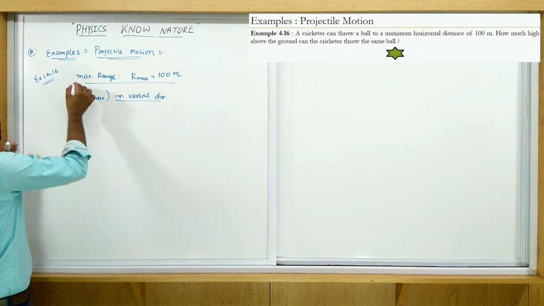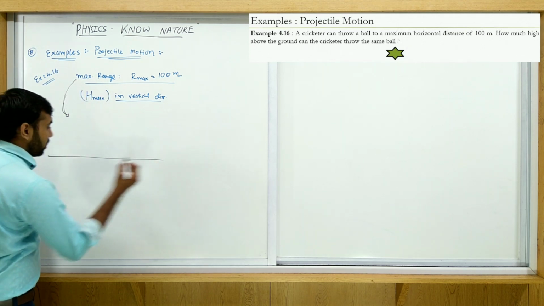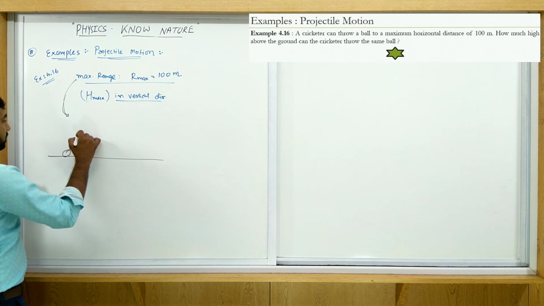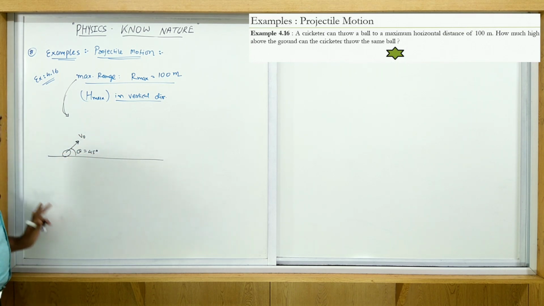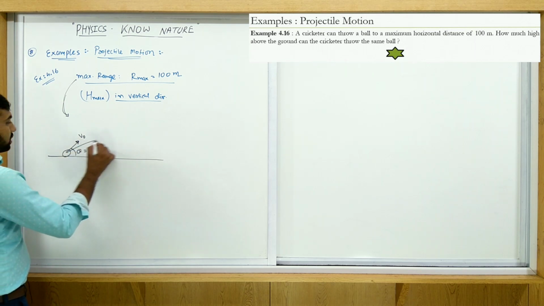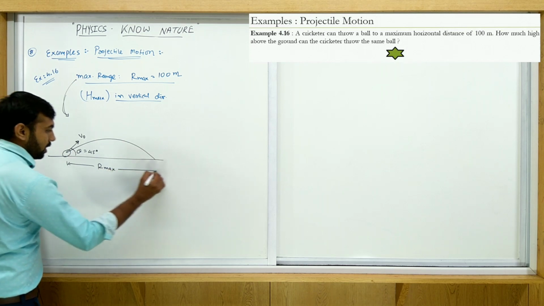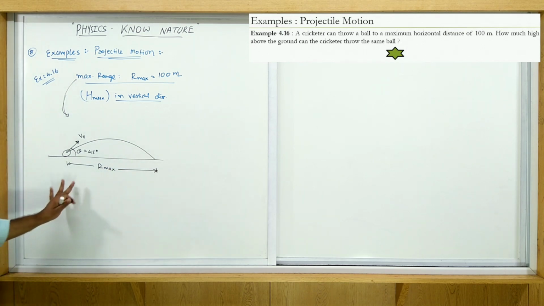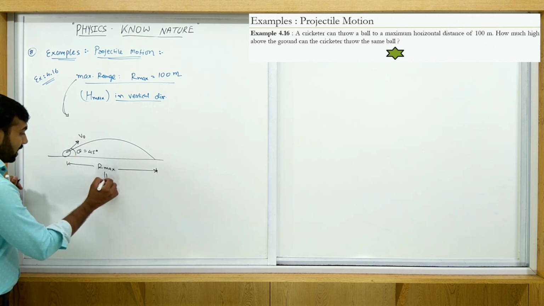What is the equation of R max? So you throw the ball with some speed v naught at theta equal to 45 degree, then this range R becomes R maximum. That is a very well known theory, as we discussed in the previous sessions. So मतलब कि v naught कितना होना चाहिए, तो R max का equation यहाँ पे रख दो.